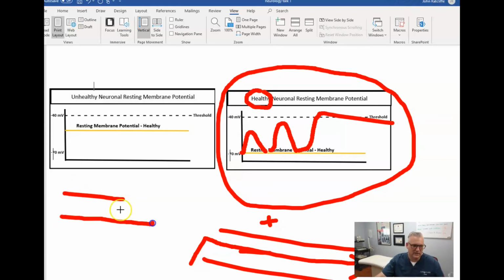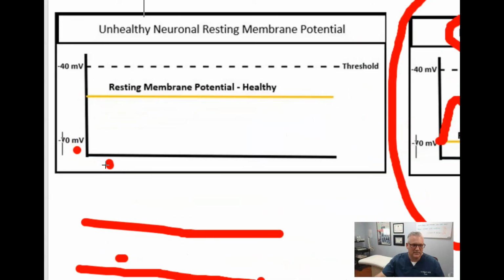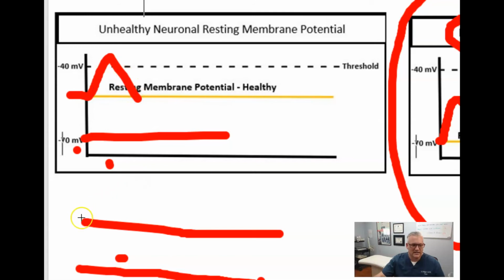So unhealthy nerves. Here's our unhealthy nerve. The inside resting membrane potential might be less negative. So instead of resting here at negative 70 millivolts, it's a lot less negative, and so it requires far less stimulus to set the nerve off.